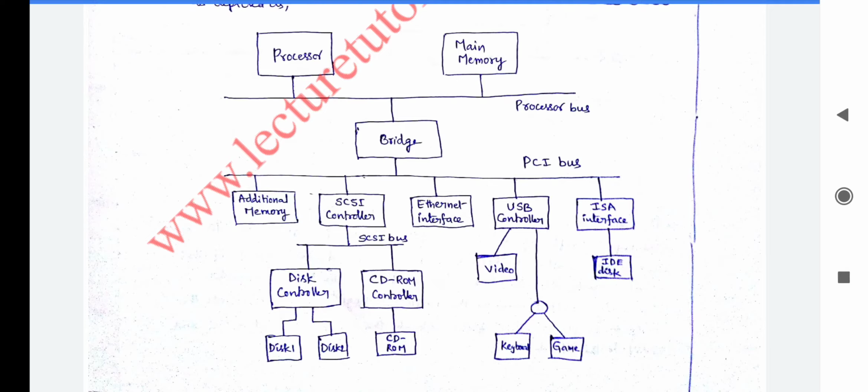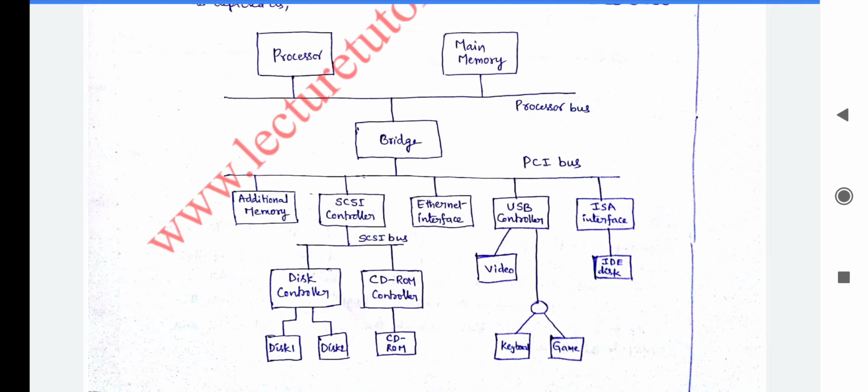This PCI bus consists of additional memory, SCSI controller, Ethernet interface, USB controller, ISA interface. This SCSI controller may contain again a SCSI bus, which consists of disk controller, disk 1, disk 2, like this. Disk controller may consist of many disks, and a CD-ROM controller which contains CD-ROM.